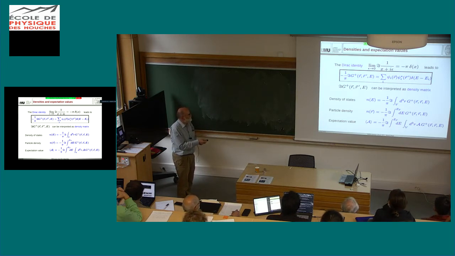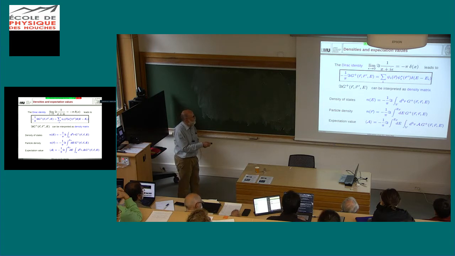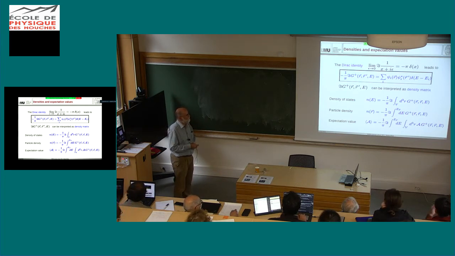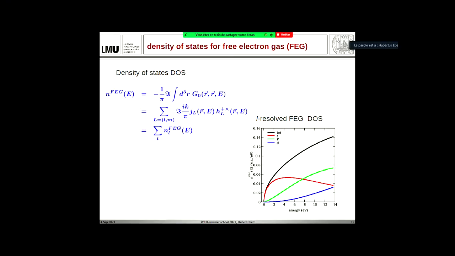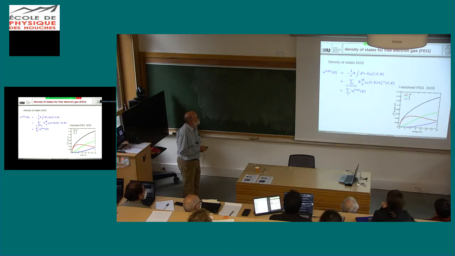We get the particle density, for example, by integrating up to the Fermi energy or any other expectation value. And now this looks very similar to what I have shown before for that band structure approach. And in fact, then you can see later on perhaps that this matrix representation for an expectation value exactly comes from that representation.